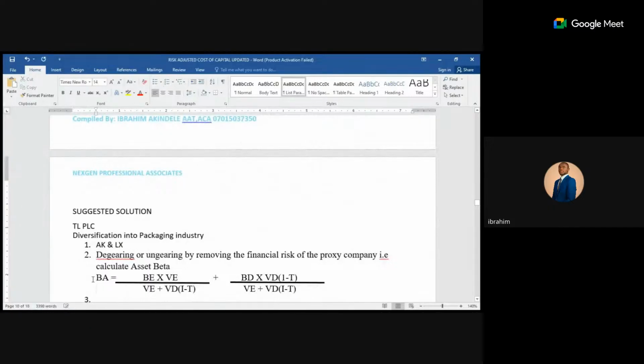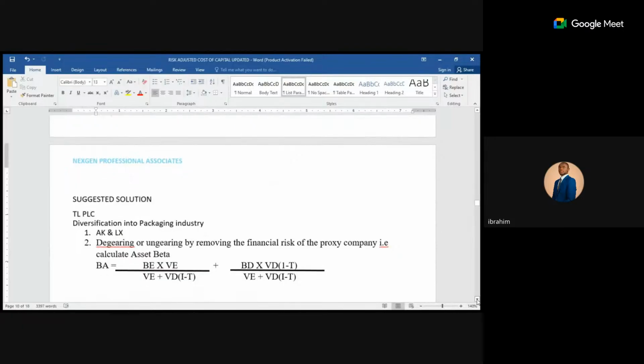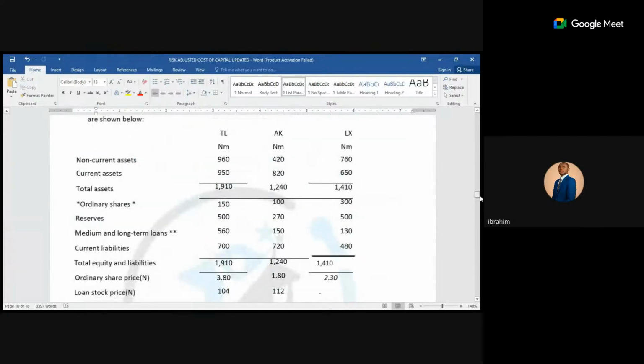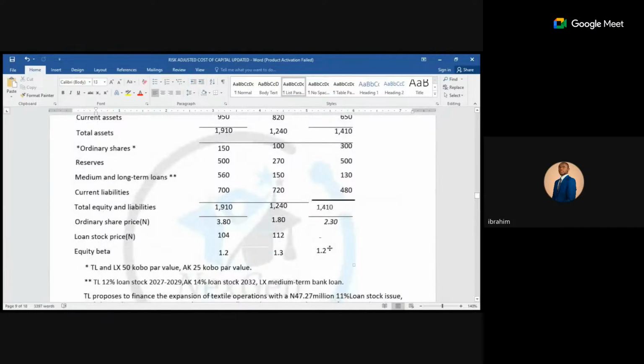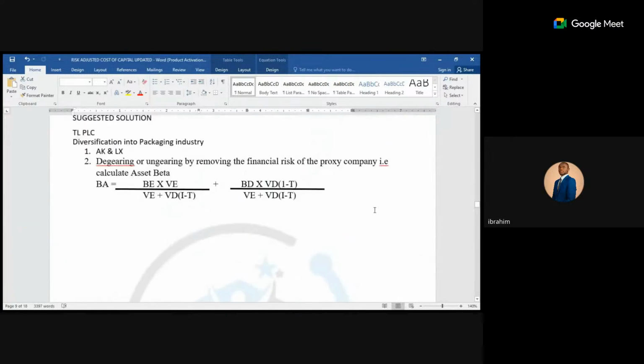Now, are we given the debt beta of the proxy companies first? Any of the two? Let me check so that I will save our time. Is it the equity beta that is given? No debt beta. So let me quickly save our time.